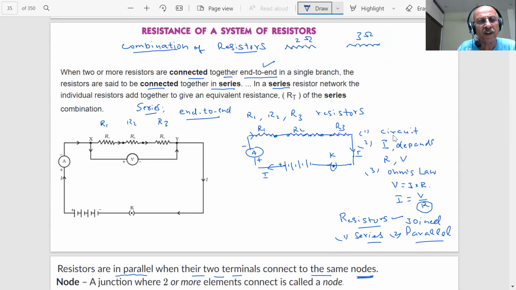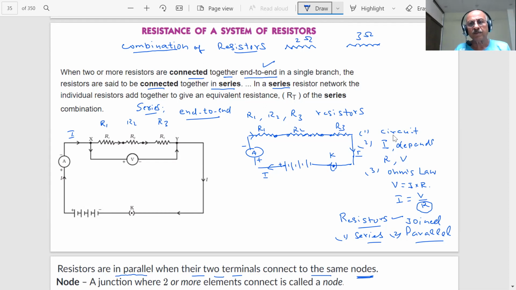See, this current, we have not divided the current, student. The current I is passing through R1, R2, R3, and coming out. And this is my voltmeter, student, V. This is the total potential difference across X and Y point, student. What is the potential difference across R1, R2, R3? We will find out by some activity.